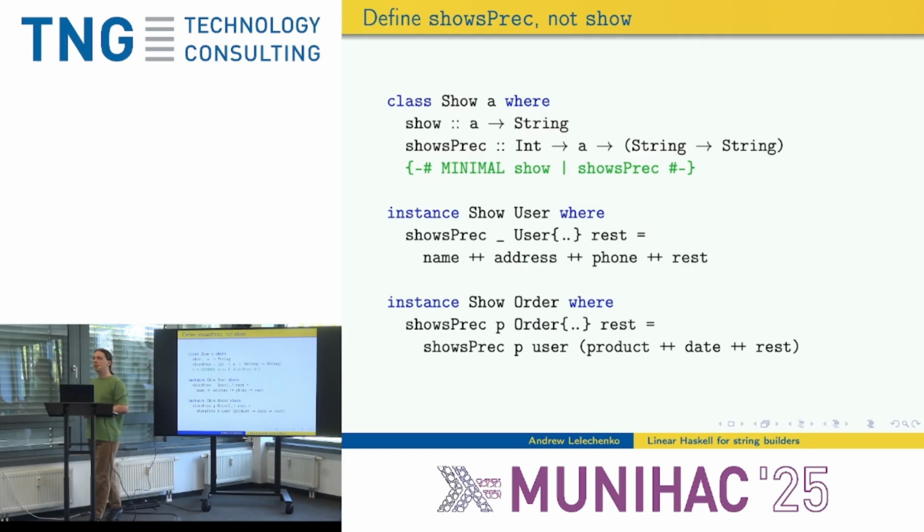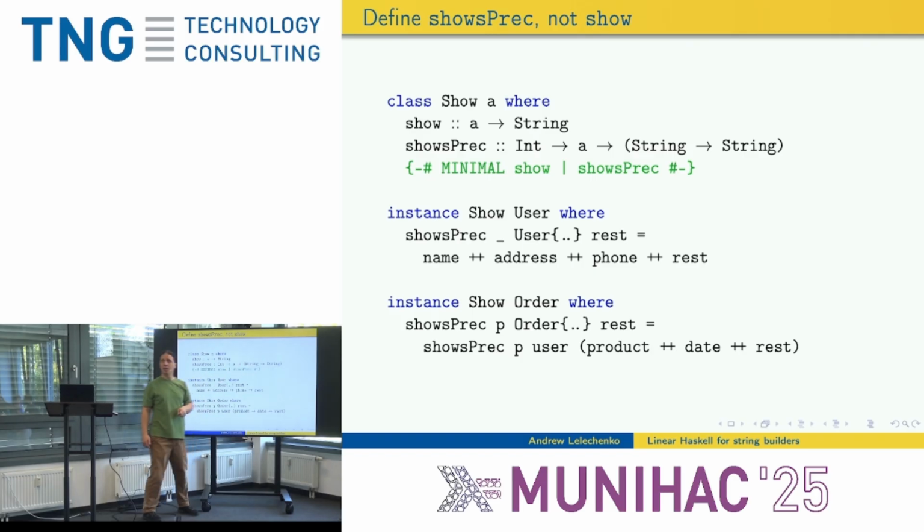It's like a priority for brackets. Let's leave it out. But essentially it says that if you give me your element, your value a, and you give me a string representing the tail of your desired result, I'll show a and attach it as a head to this tail.